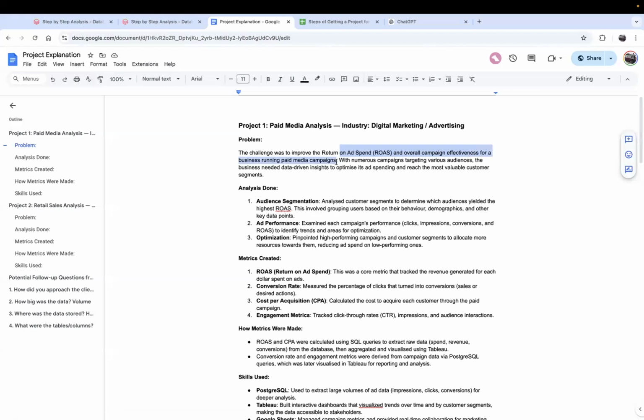So there must be a paid media campaign for which they want to improve the returns on the ad spend. So suppose if I am spending 1 lakh rupees on ads, 100K on ads, and I am getting clients worth only 40K, then I'm losing the amount.